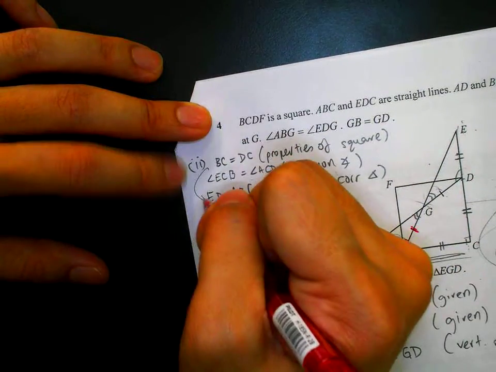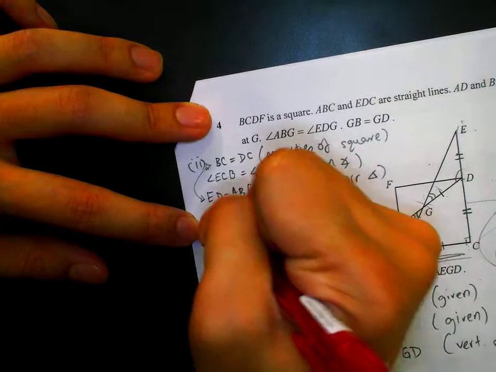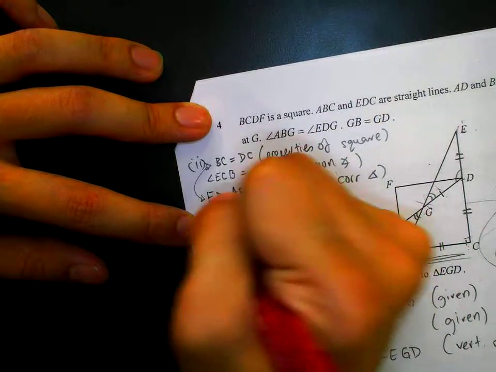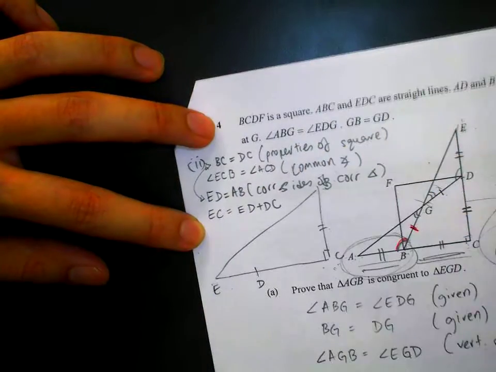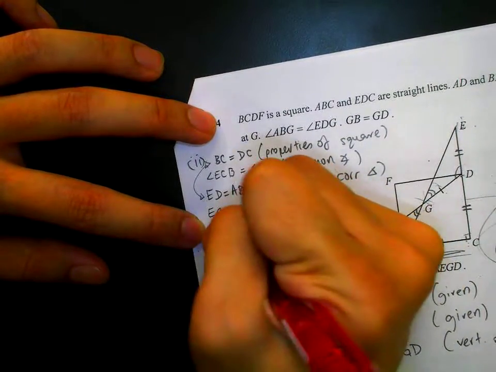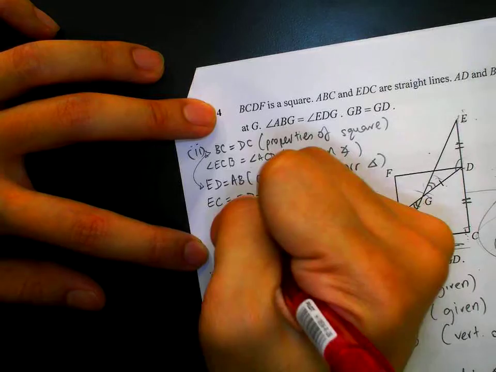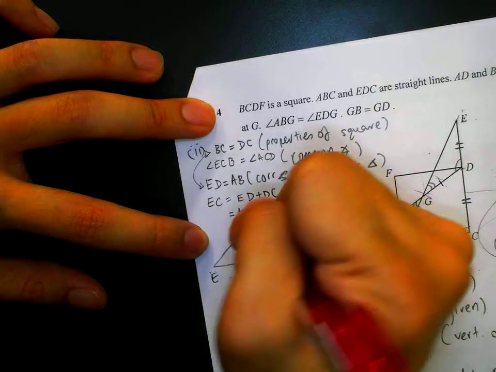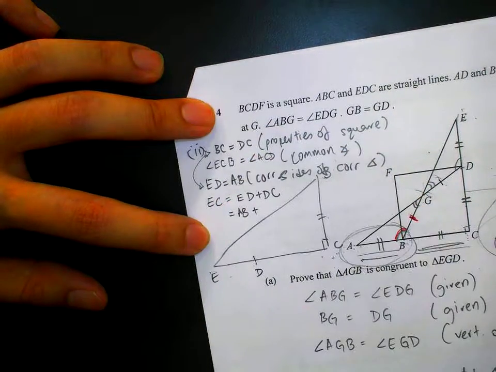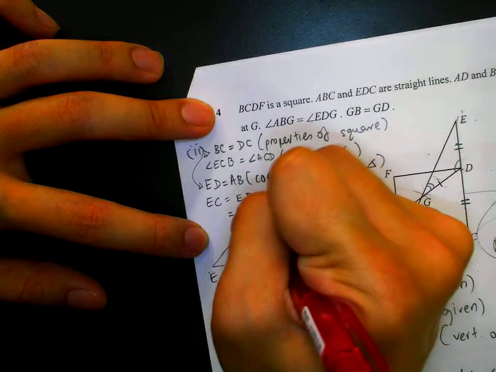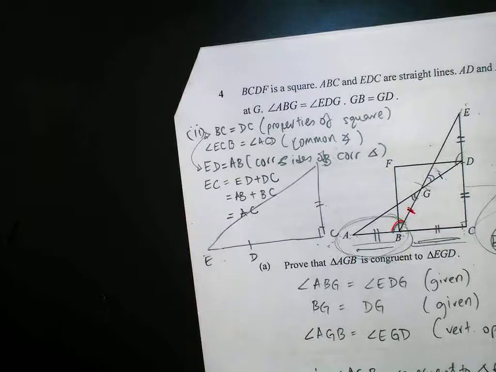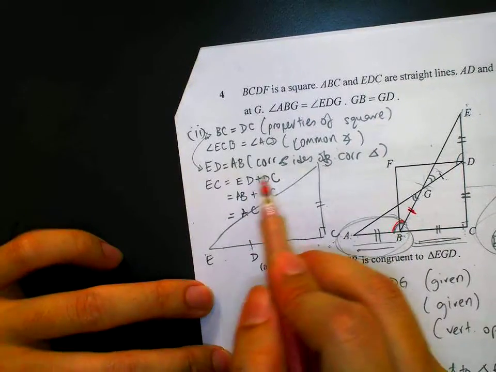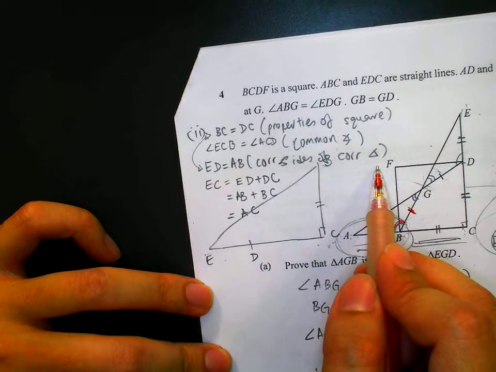These two combine together to give me EC equals ED plus DC, which is the same as AB plus BC. So this gives me AC. Corresponding sides of corresponding triangles.